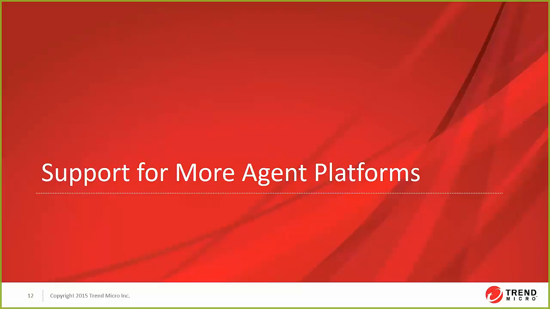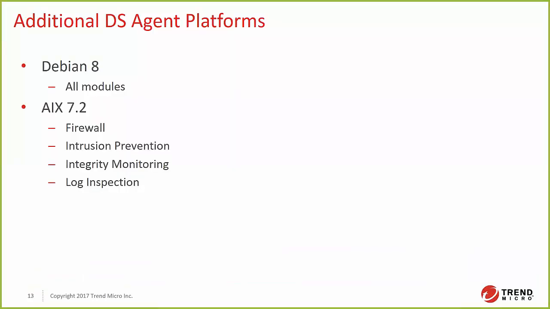And our next topic is support for additional agent platforms for the different modules, including our expanded support for application control on other operating systems. For Debian 8, we have released a version 10 agent that is manageable from Deep Security Manager 10.1.